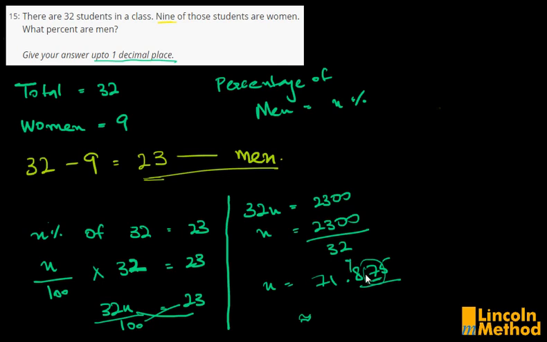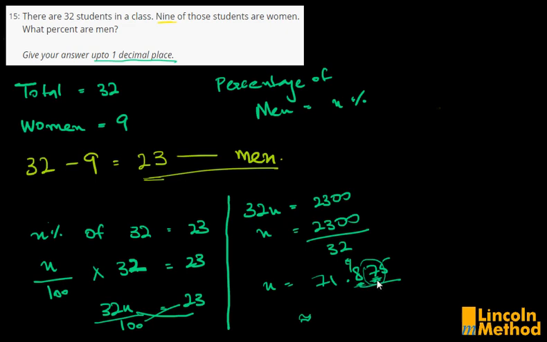So whenever we have the number following the decimal place that is required, we round off this number only if the following number is more than 5.